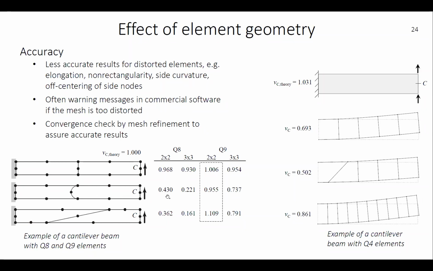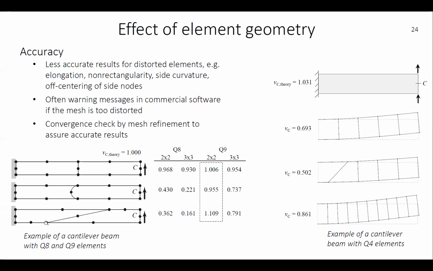I suppose bending components come into play here, which severely distorts the elements, which could be described better with a Q9 element and reduced integration. So generally you have less accurate results for distorted elements if you have elongation or non-rectangularity as we have here, side curvature or off-centering of side nodes. So even if these nodes are moved or shifted, you will also have larger inaccuracies.